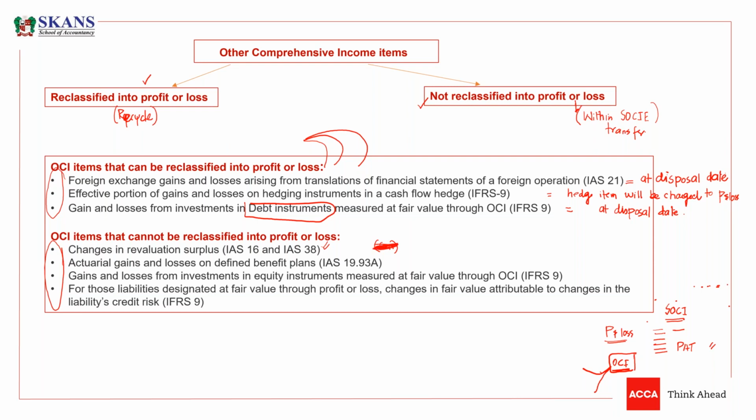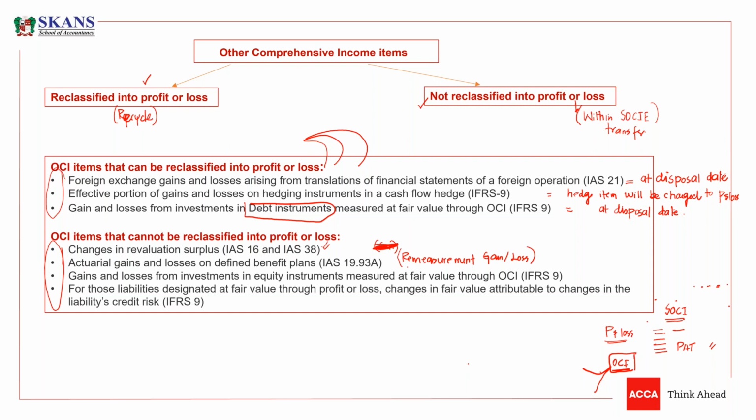Then we have actuarial gains or losses on defined benefit plans. The new name of actuarial gains and losses is remeasurement gains and losses. They cannot be recycled to P&L. These are remeasurement gains and losses in IAS 19.